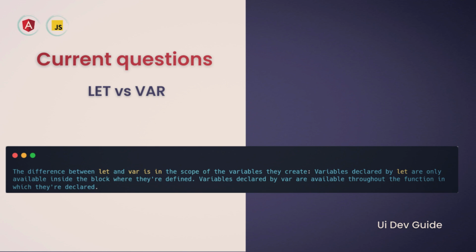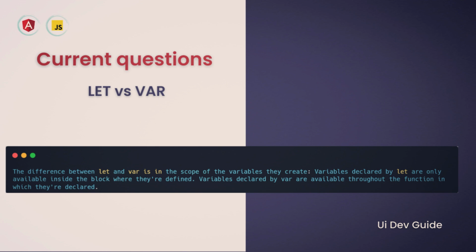The main difference between var and let: if you declare a variable with var and you are trying to access it before its definition or declaration, it prints undefined. But if you do the same with let and you are trying to access it before its declaration and definition, then it will give an error there.